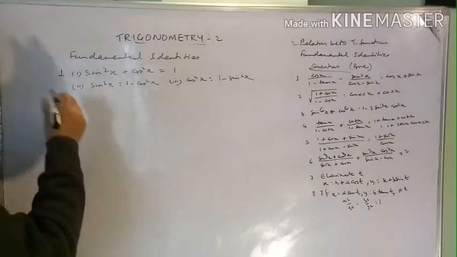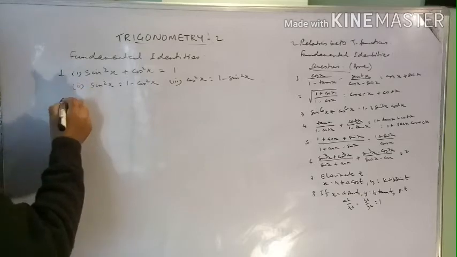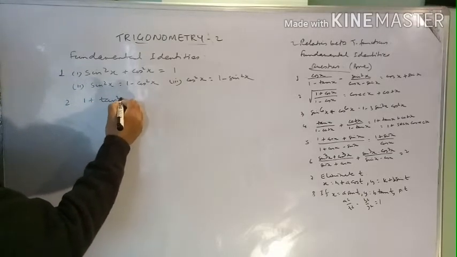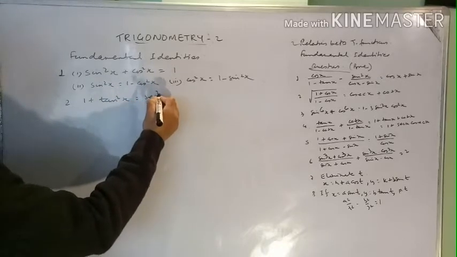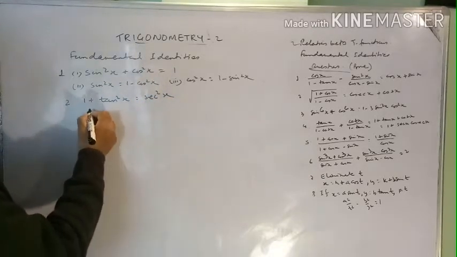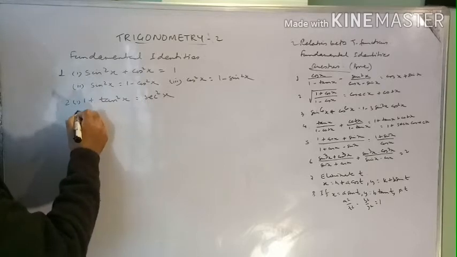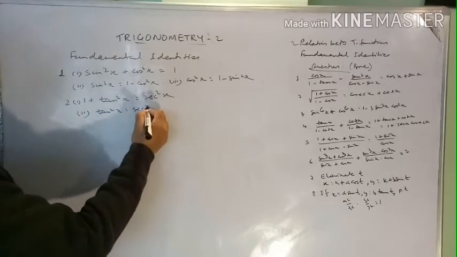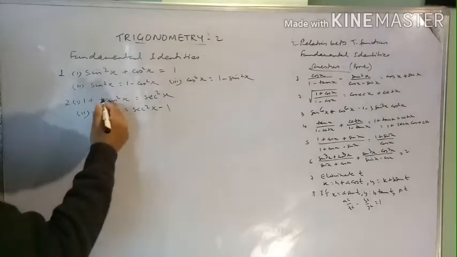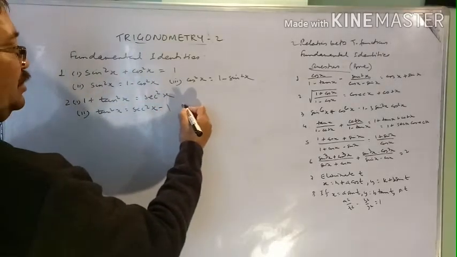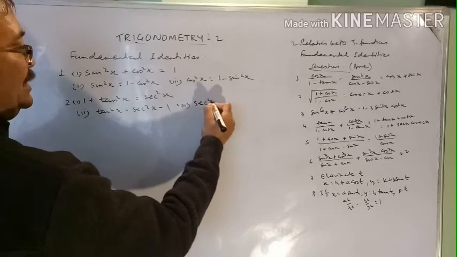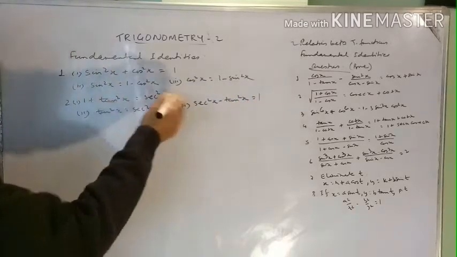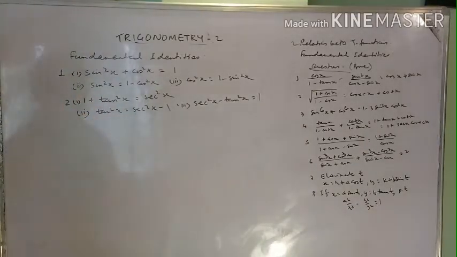Okay, then number 2, 1 plus tan square x equal to sec square x. Part 2, then tan square x equal to sec square x minus 1. Okay, and part 3, sec square x minus tan square x equal to 1 by transposing the terms.